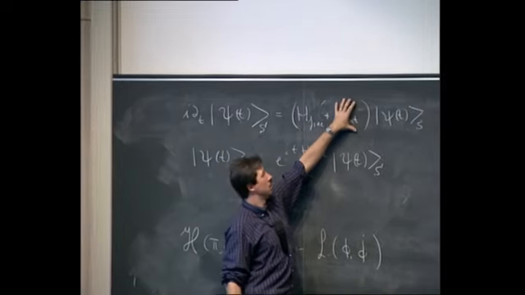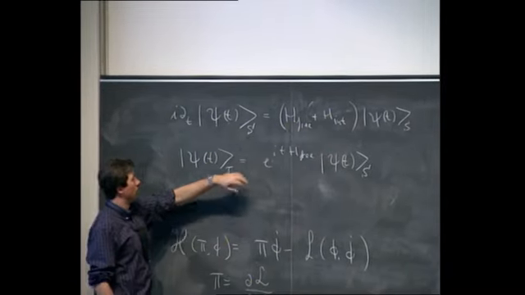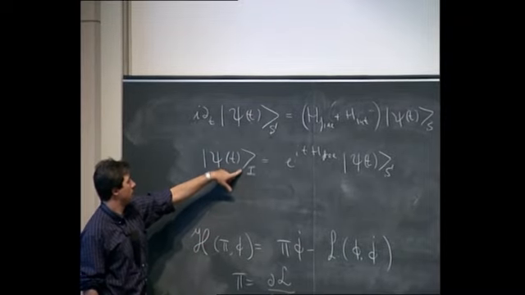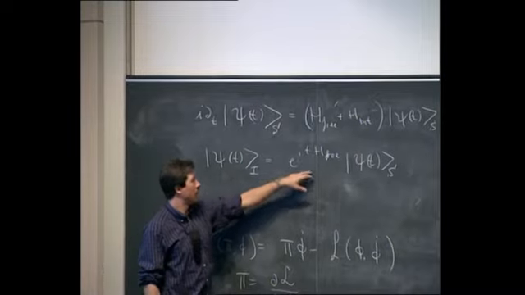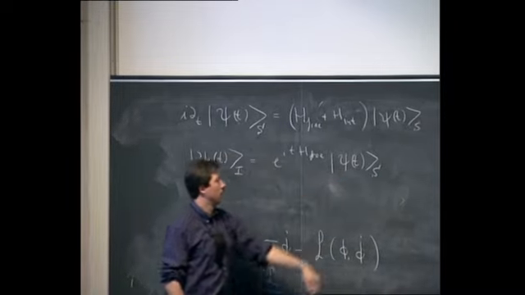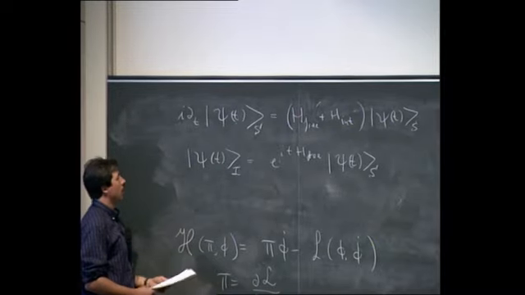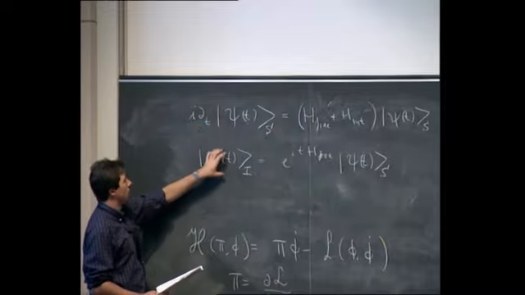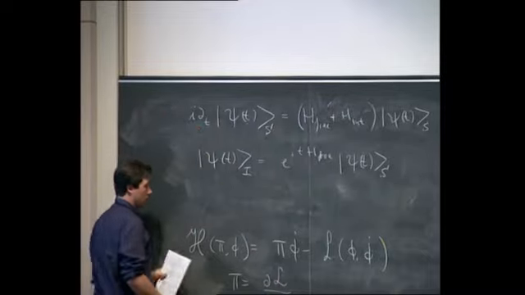But it's a reformulation, so I'll go to a different set of states which I obtained by acting with this evolution operator on the Schrödinger state. Now, if I take this state and write down the Schrödinger equation in terms of this state, it will actually look differently.